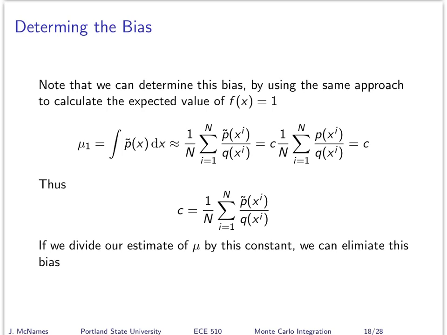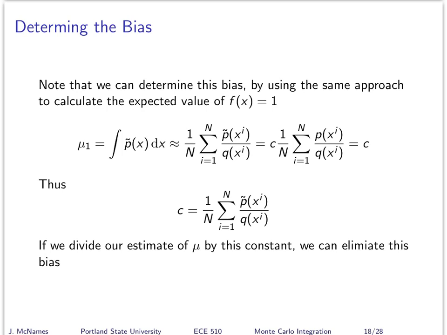And what we know is that, if we've done things appropriately, this sample average of p of x_i over q of x_i should be equal to 1. And so this should be equal to c if it was scaled appropriately. And the cool thing about that is that it means c is equal to this sum, which we can calculate.